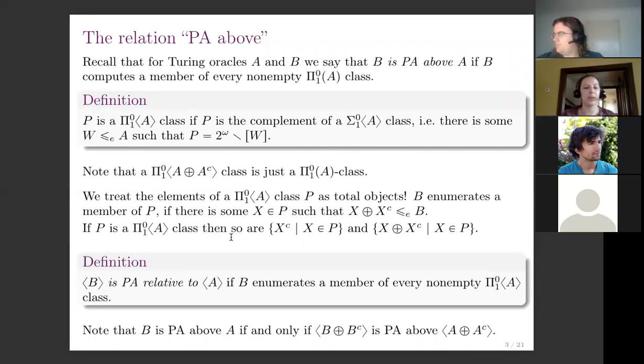So B is PA above A if and only if B join B complement, treated as an enumeration oracle, is PA above A join A complement. In a sense, we're taking the image of the relation PA under the embedding of the Turing degrees into the enumeration degrees. That defines a relation on the total degrees, and we're extending it to all enumeration oracles.